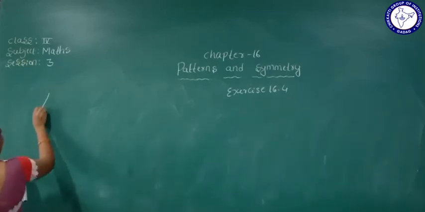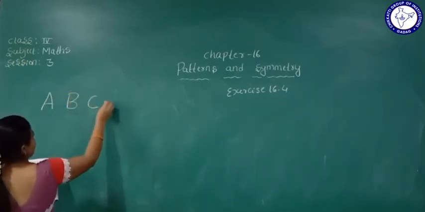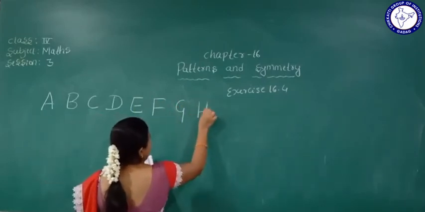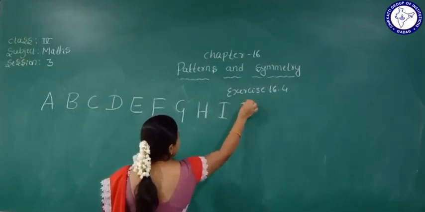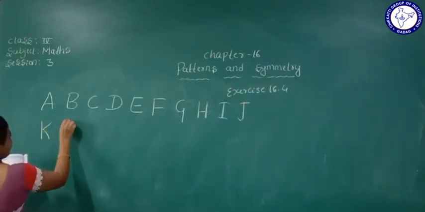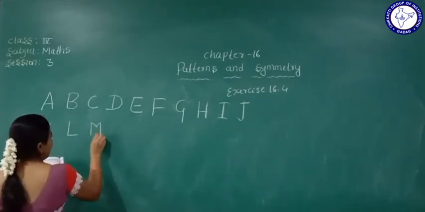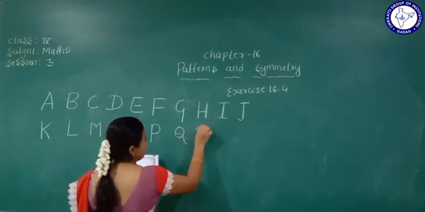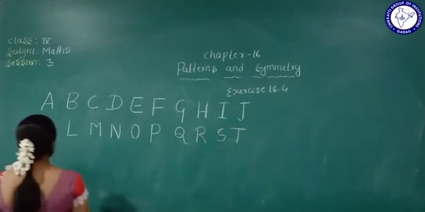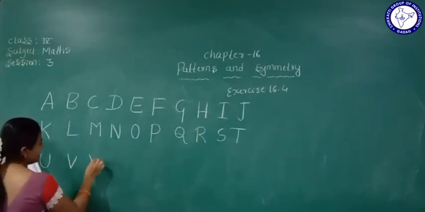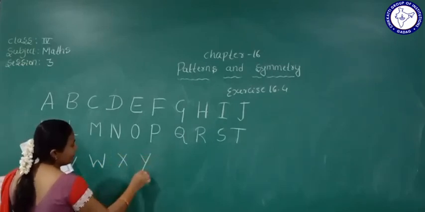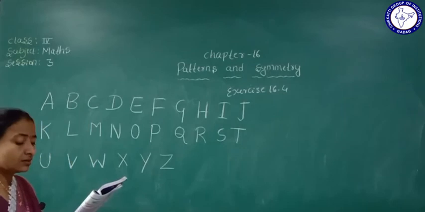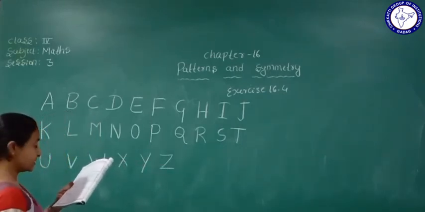Okay, A, B, C, D, E, F, G, H, I, J, K, L, M, N, O, P, Q, R, S, T, U, V, W, X, Y, Z. So here in the alphabet, how many letters have a possible axis of symmetry?